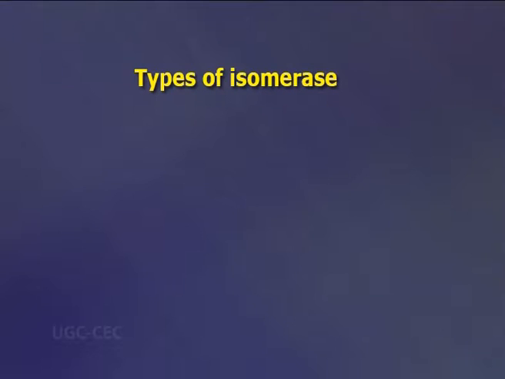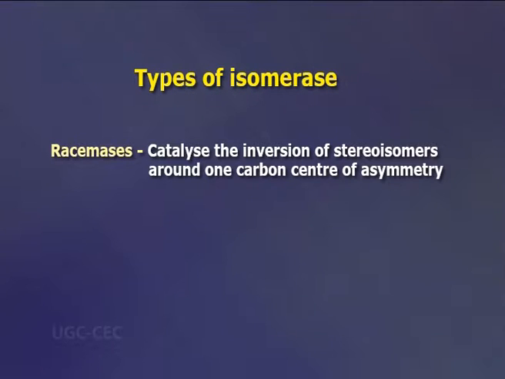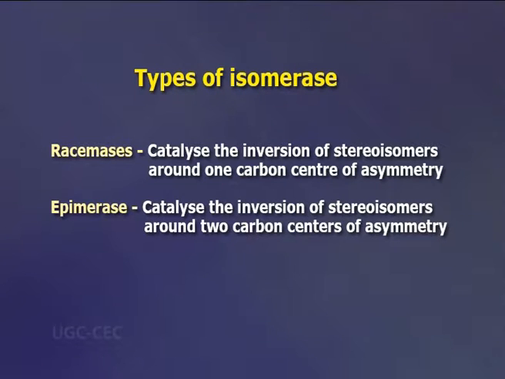Types of isomerases: racemases catalyze the inversion of stereoisomers around one carbon center of asymmetry. Epimerases catalyze the inversion of stereoisomers around two carbon centers of asymmetry.